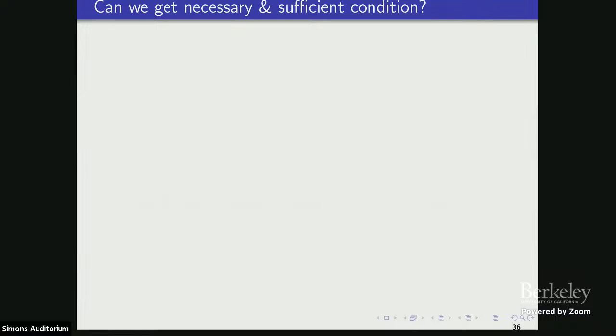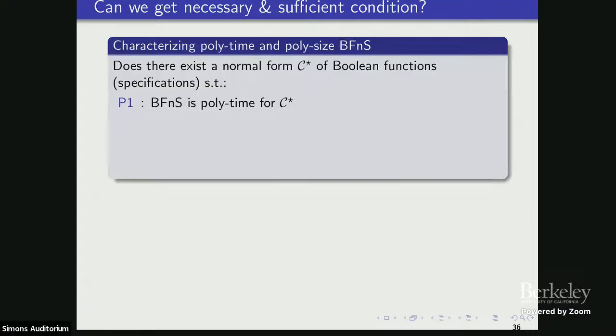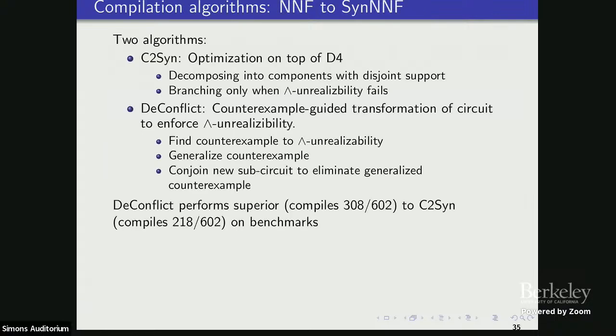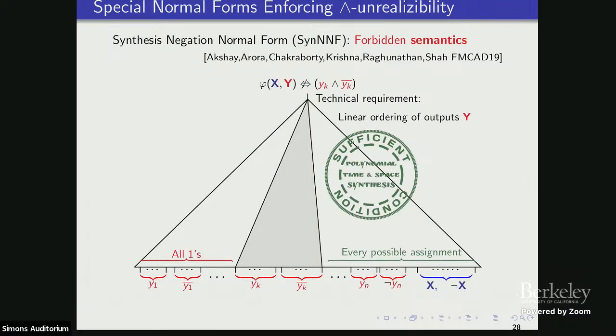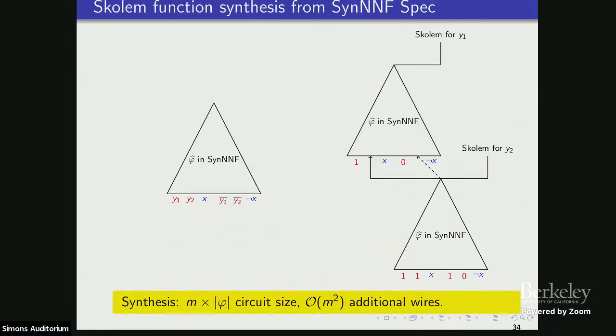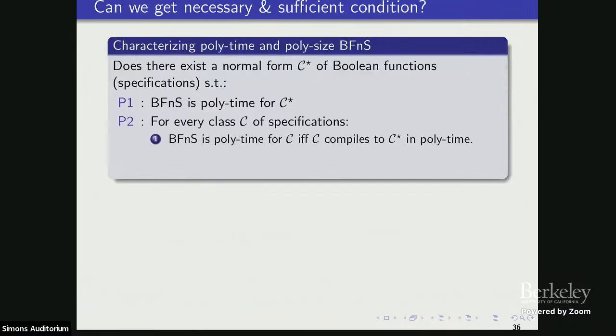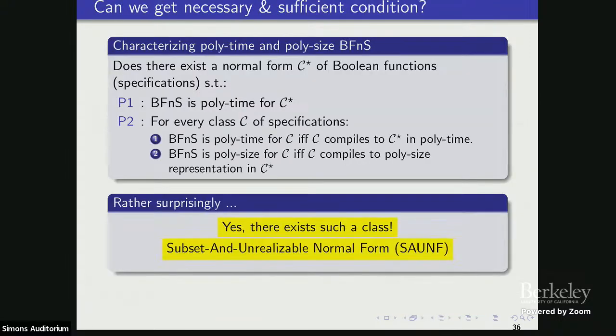Maybe at this point, I also had some slides on, or maybe I'll just very quickly go through this, that we have all seen sufficient conditions for polynomial time synthesis. Can we also get necessary conditions? And it turns out that it is possible to do this.